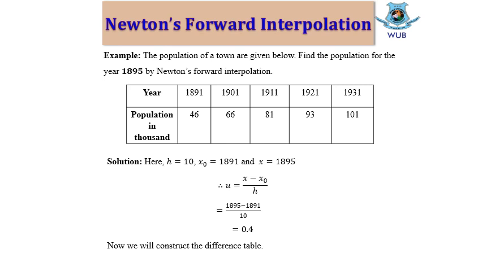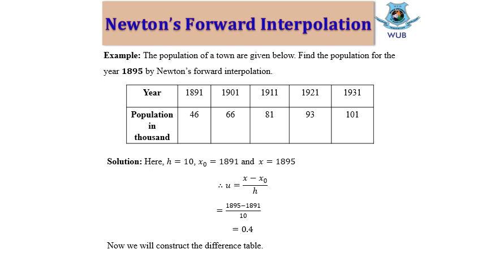First, you have to find out the value of h, which is 10. What is the value of h? The value of h means the difference or interval between the years, the values of x.